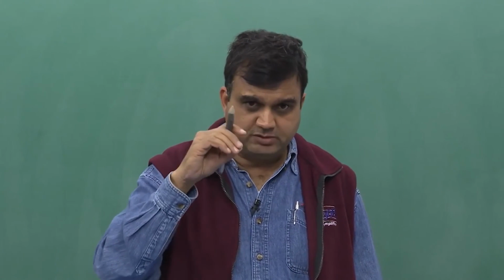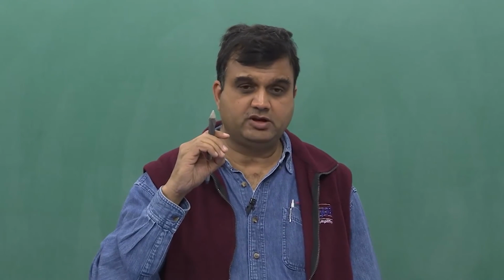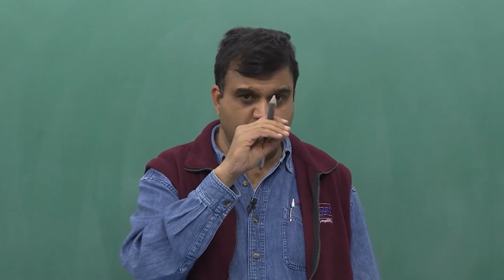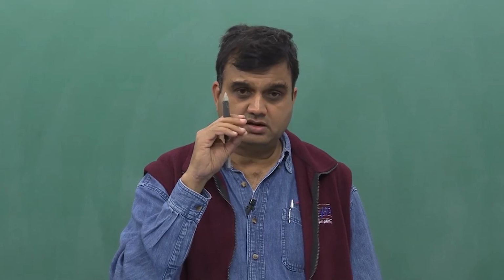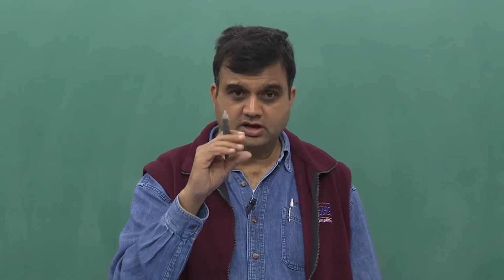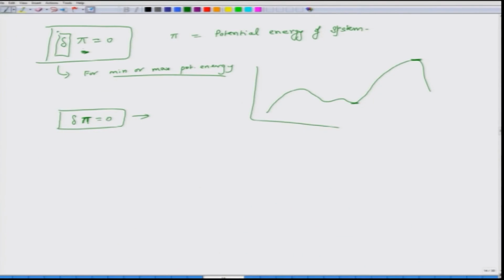By changing these W's by small amounts, right. So, whatever variations we take in U's, they will correspond to small changes in pi, and if those small changes are 0, then we will say that the system is in equilibrium. So, this is the condition.